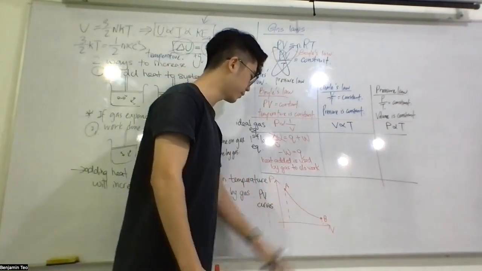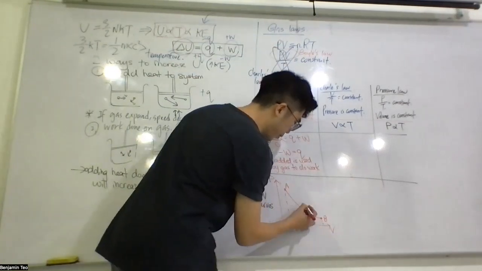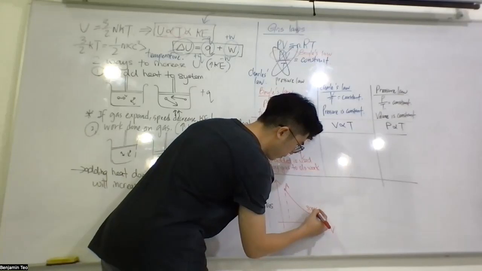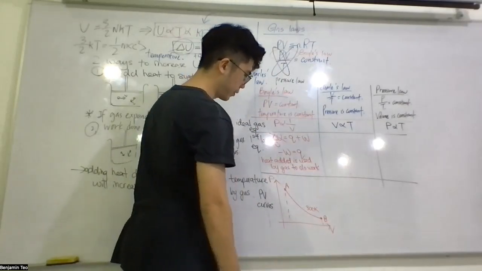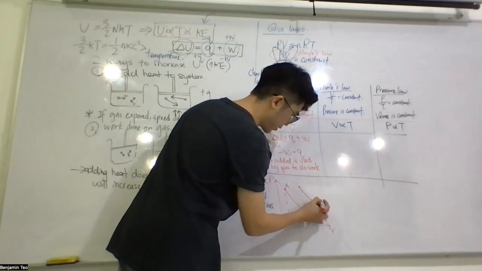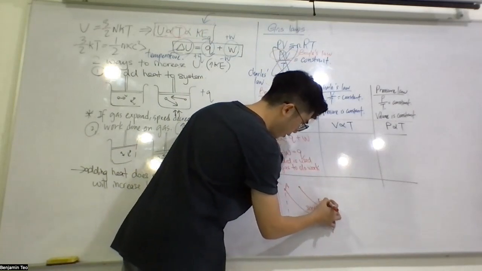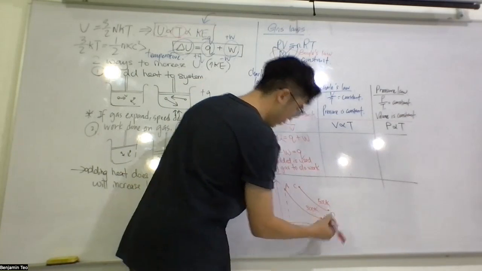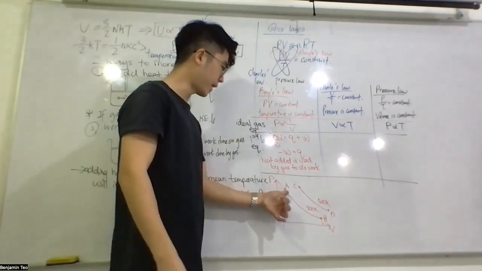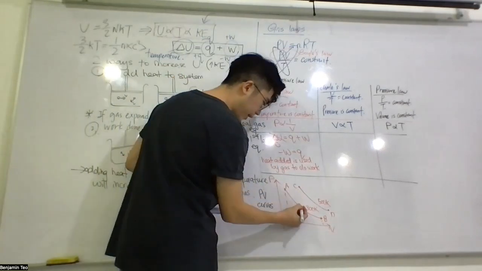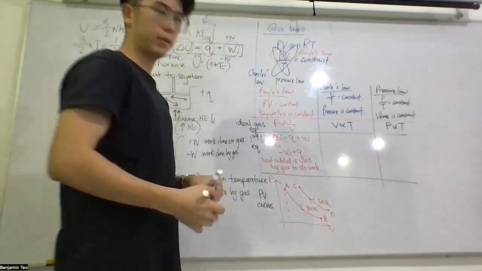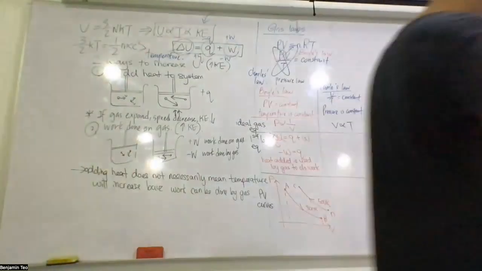So this line is one temperature, let's say 300 K. Let's say I got another curve here, maybe 500 K. The constant temperature from A to B, or the other way around, they happen at the same temperature.